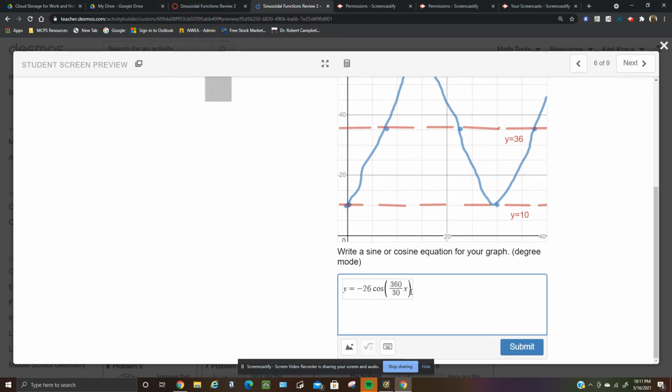And then midline is 36. So simplify inside the parentheses. Negative 26 cosine 12x plus 36.